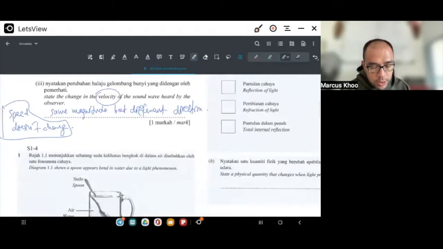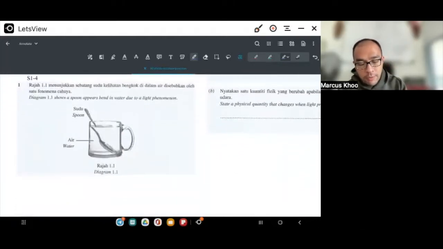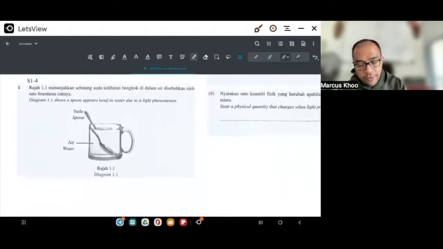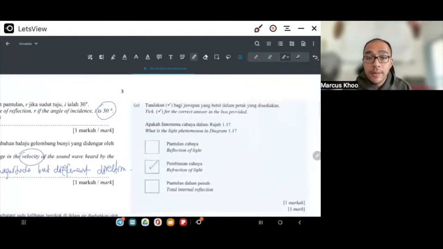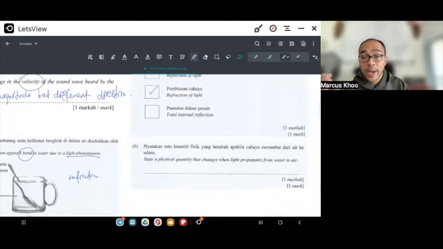Diagram 1.1 shows a spoon that appears bent. Of course, this light phenomenon is called refraction. Anything to do with bending, the bending of waves, the changing of direction of waves, usually is refraction. So obviously we're talking about the refraction of light. Then name a physical quantity that changes when light propagates from water to air.